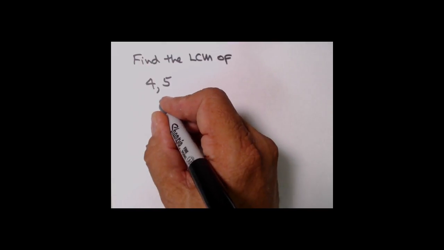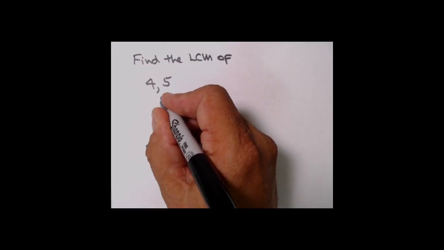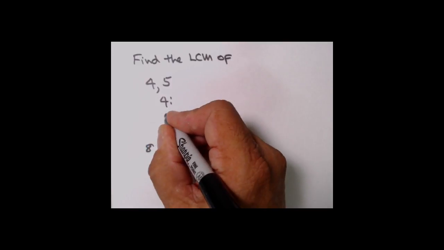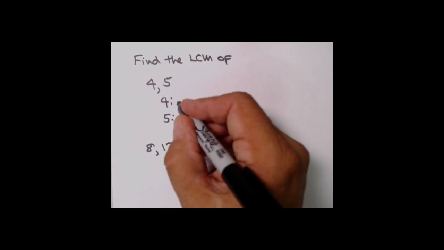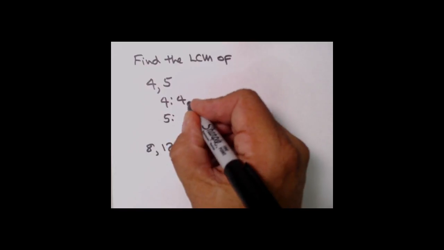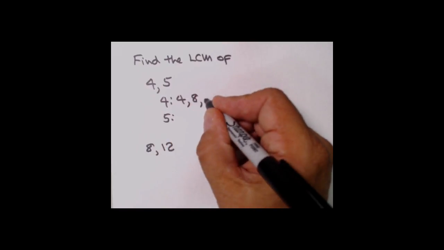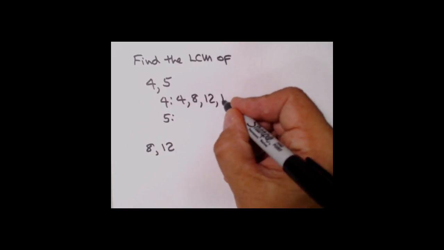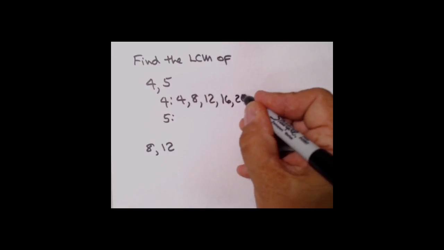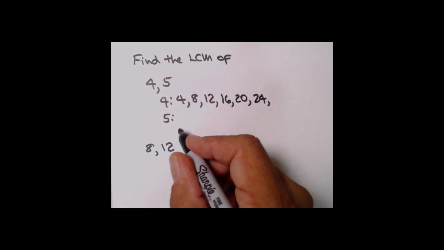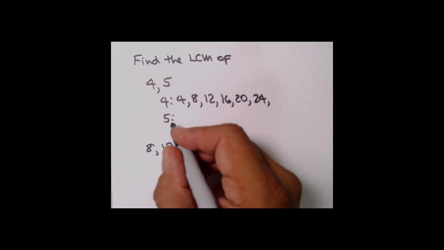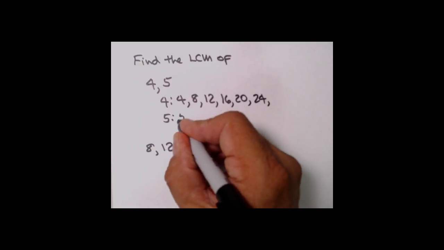Okay, so here we go again. Remember now, these are simple guys, so we're going to be using our multiples method. Okay, first multiple of 4 is 4. Add 4 to that, you get 8. Then 12, then 16, then 20, then 24, and we could go further, but let's see if that hits it. Multiples of 5. First multiple of 5 is 5.